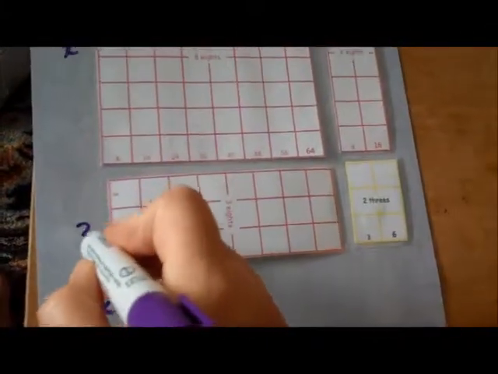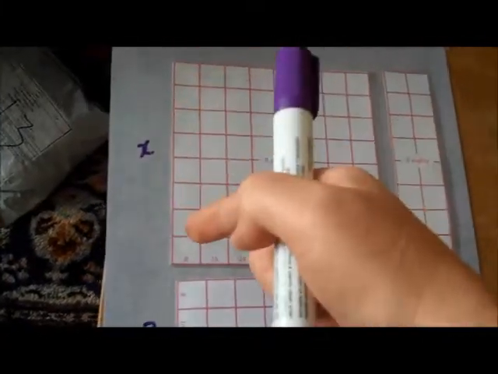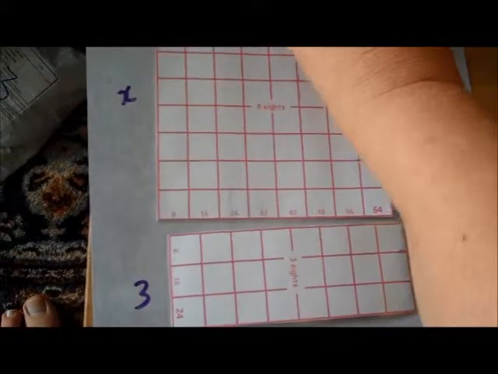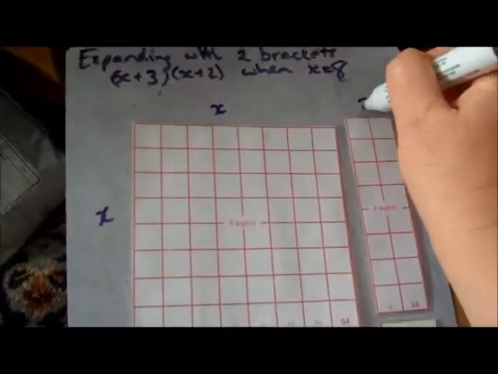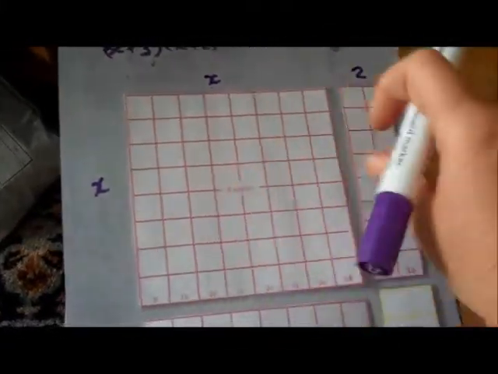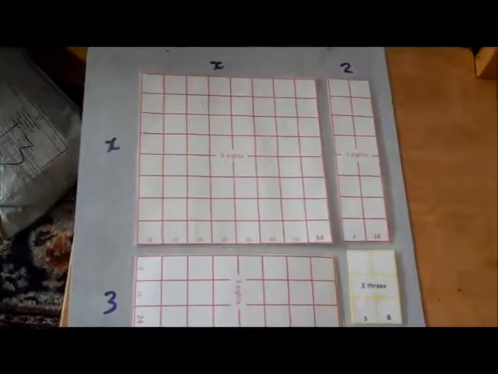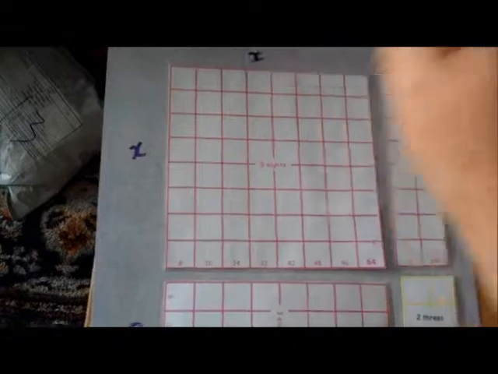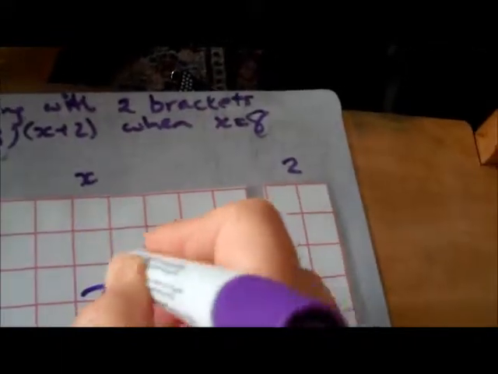Okay, so here is my x, which is 8. Here is 3, so this is 8 plus 3. And this is x plus 2. So when x equals 8, what I get is 8 times 8. That's 8 eights, 64. So this is effectively x squared.